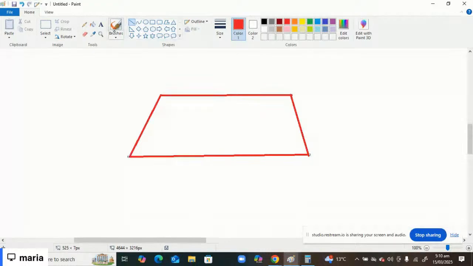When we see this shape, this is for example A and B, here it's C and D. So which two lines are parallel and which two lines are non-parallel? Think about it, everyone, then tell me in the chat which two lines are parallel and which two lines are not parallel. There are two lines which are not parallel and two lines which are parallel.